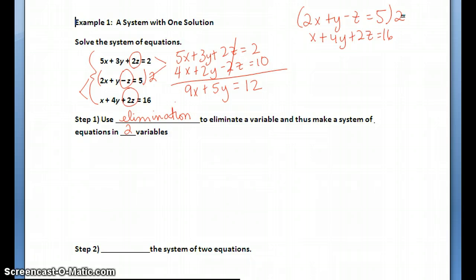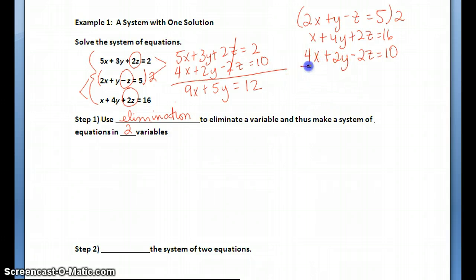When I multiply that first equation by 2, what I get is, let me erase that, I'm going to get 4x plus 2y minus 2z equals 10.